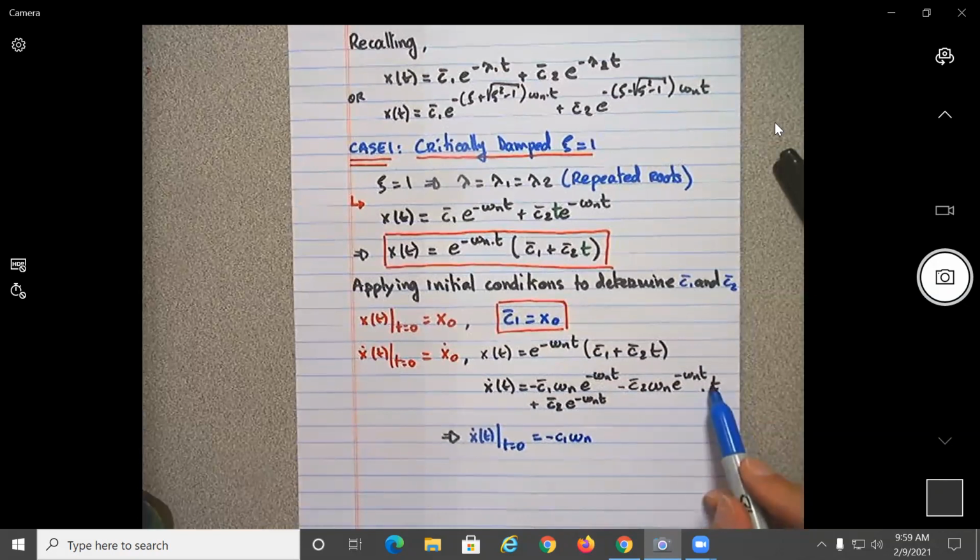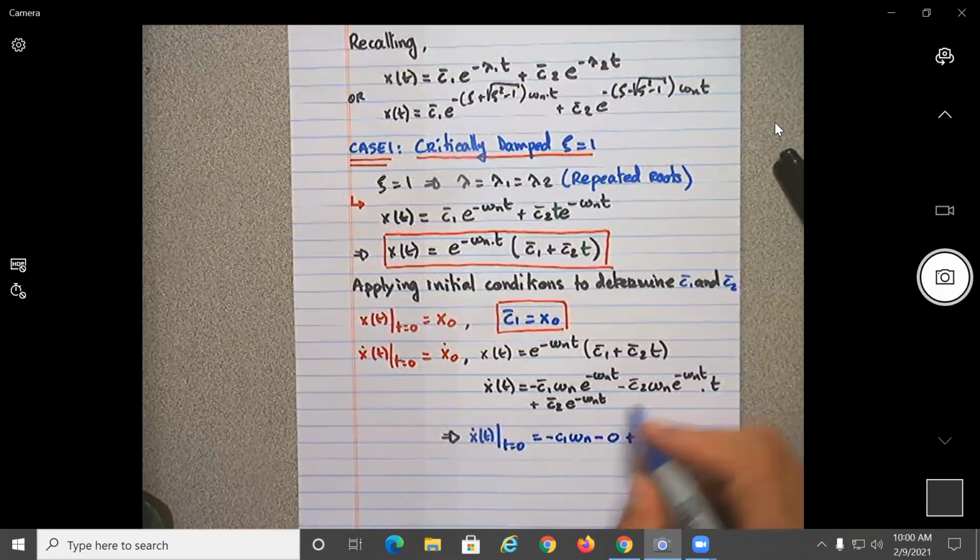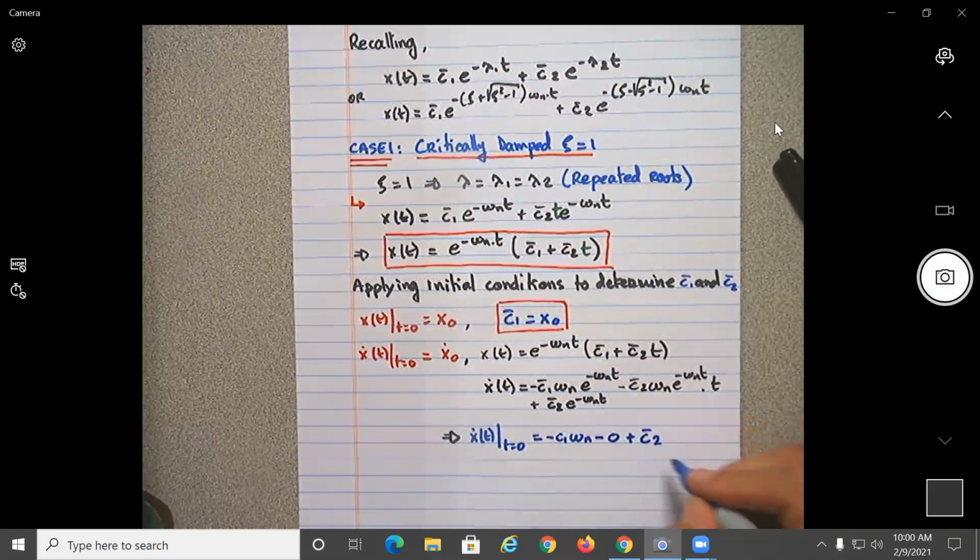This will be equal to 0, no? Because t will be equal to 0. This term will be equal to 0. And then at the end, it will be, if you want, minus 0 plus c bar 2. And we know this needs to be equal to the x dot sub 0.